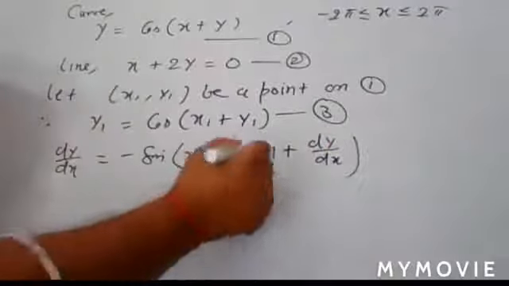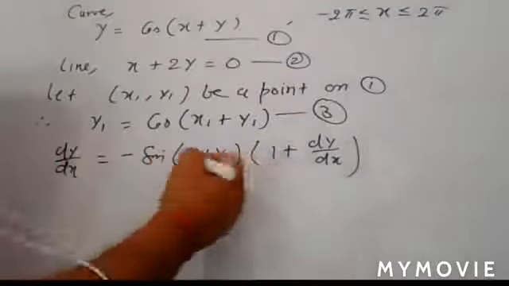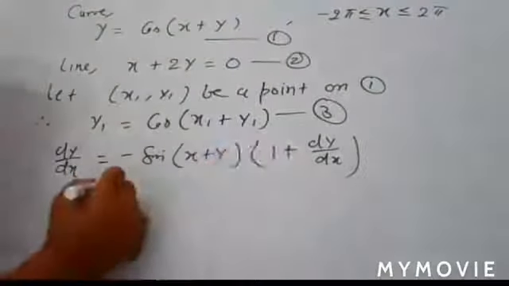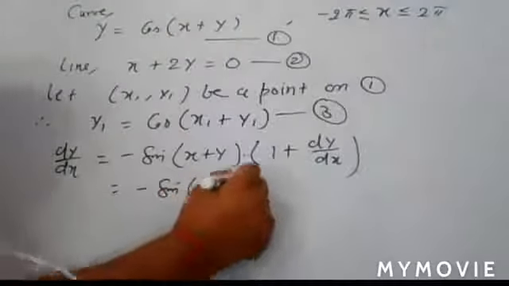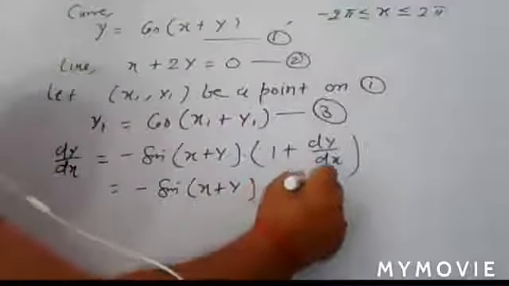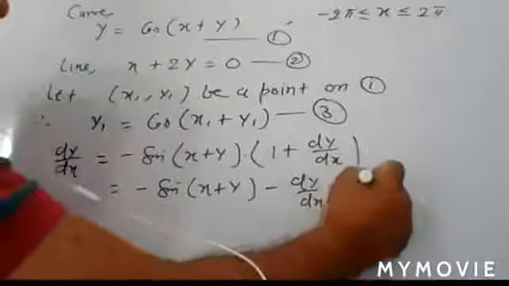Here you apply the chain rule. Now simplifying it, you have dy by dx is equal to minus sine of x plus y minus dy by dx into sine of x plus y.